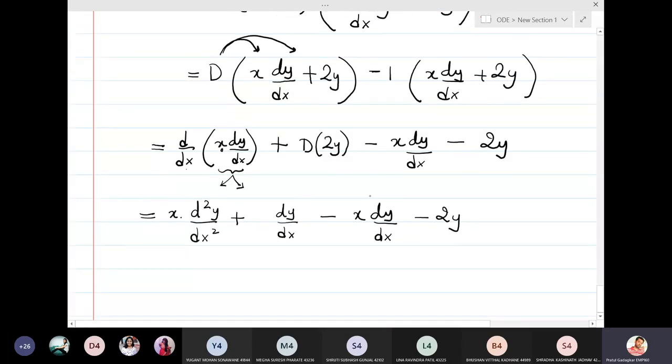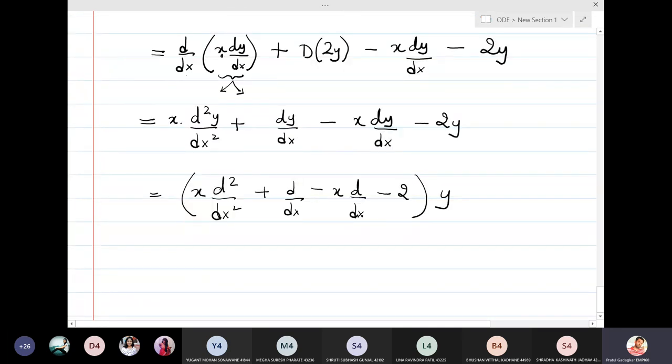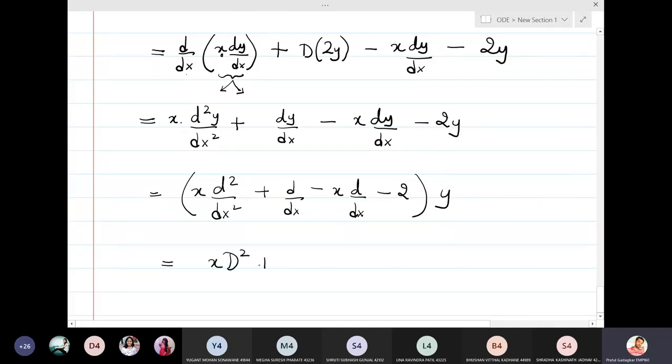Okay, and then I will pull out the y common. So I have x d2 by dx square plus d by dx minus x into d by dx minus 2 of y, which is equal to x d square plus d minus x d minus 2 y.